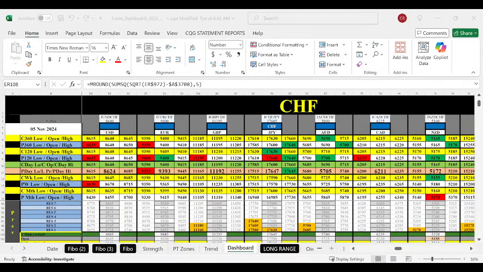Okay, you can see the screen now. Okay, the system says the target is about 70, 85, 70, and entry would be 35.